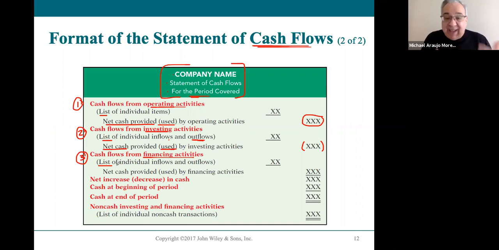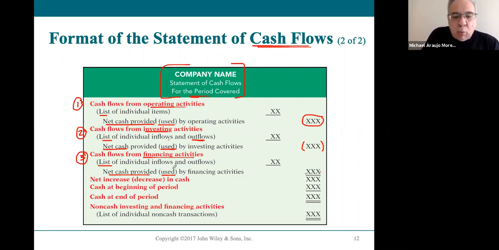Every time they pay dividends out, that uses cash. So financing activities are going to go either way. Sometimes it'll be provided, which means there'll be a positive cash flow. Sometimes it'll be negative, which simply means there's more flow going out than coming in. So this number is going to go either way.